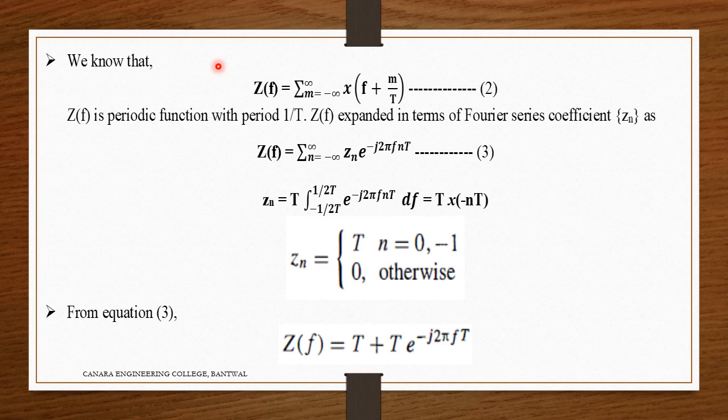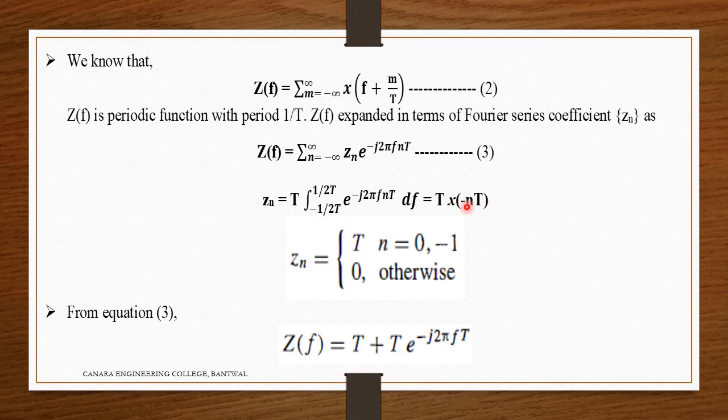Z(f) is a periodic function with period 1/T, and expanded in terms of Fourier series coefficients z(n), Z(f) equals the summation over n from minus infinity to plus infinity of z(n) e^(-j2πfnT). Now z(n) is equal to T times the integral from -1/2T to 1/2T of Z(f) e^(j2πfnT) df, which we related to x(-nT).